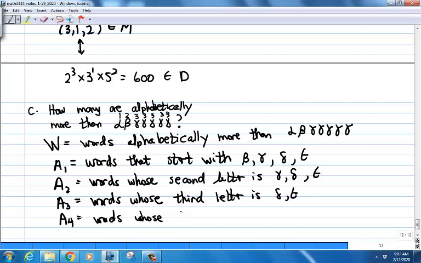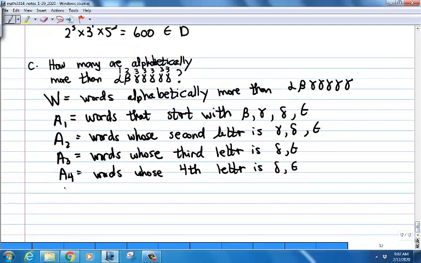This is fourth letter, and I guess we're going to have to keep going.